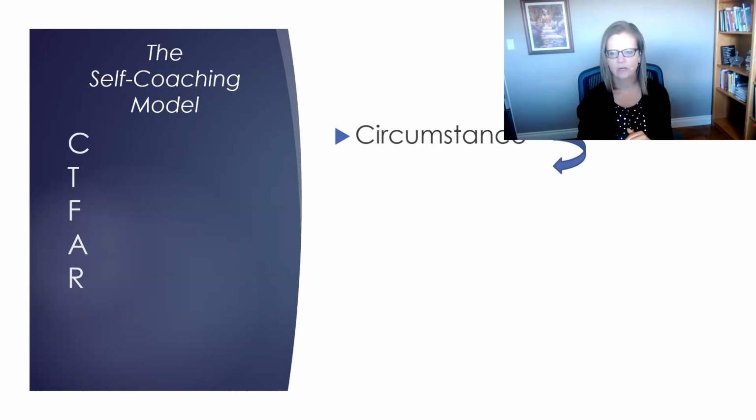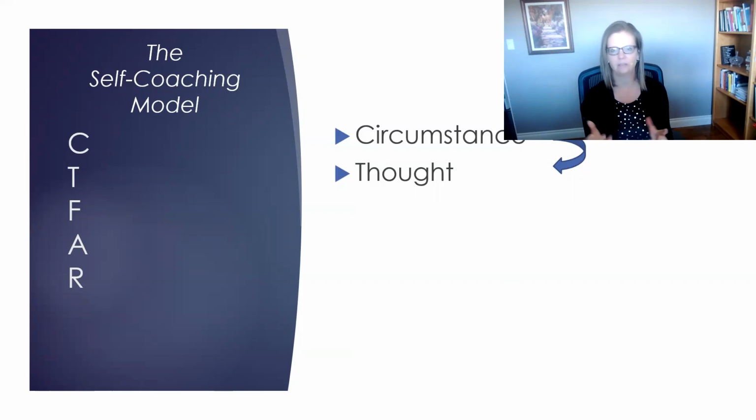The next part is the T stands for thoughts. And often we can see a circumstance and that can trigger the same thought habitually. I can think of lots of examples, as I'm sure you can, in terms of when I come into the kitchen, as an example, I'm often triggered to get something to eat.